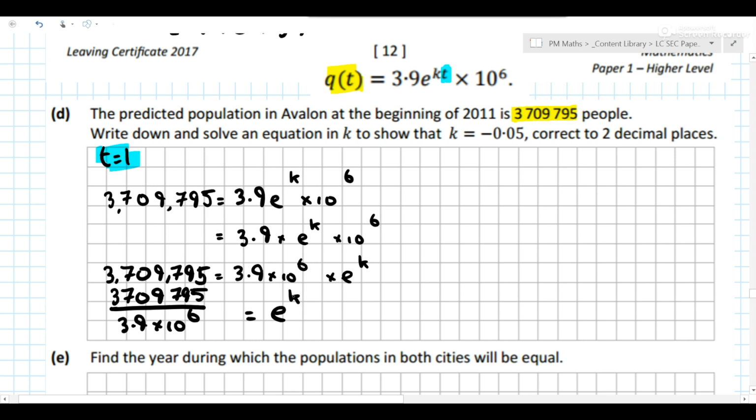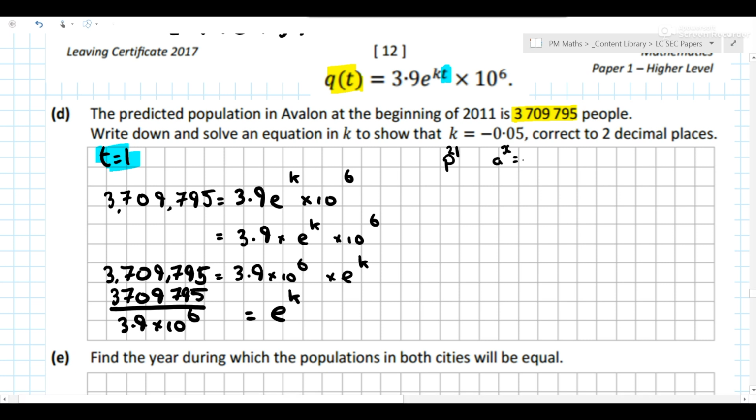Okay, so now what do we need to go and find? We need to find our k. And this should look familiar. We don't know an exponent. When we don't know an exponent, you should go to page 21 of your log tables. 21, not 1, page 21 of your log tables. And use our rule on the top right hand corner.